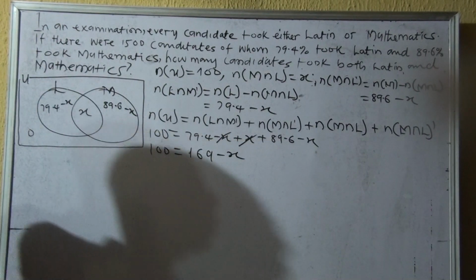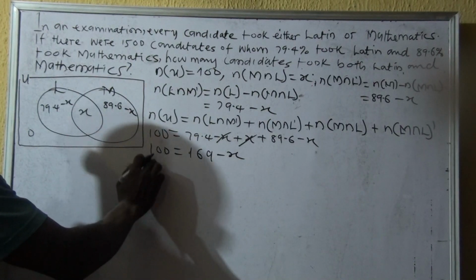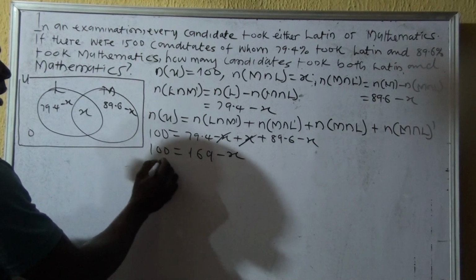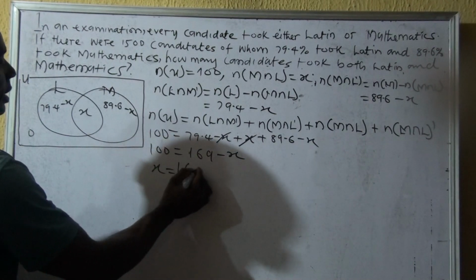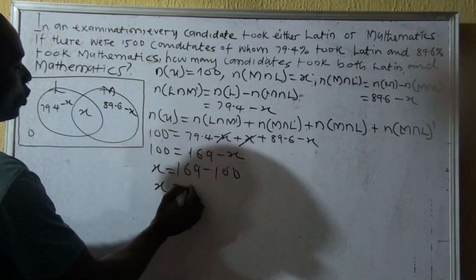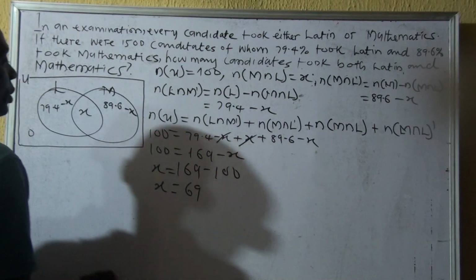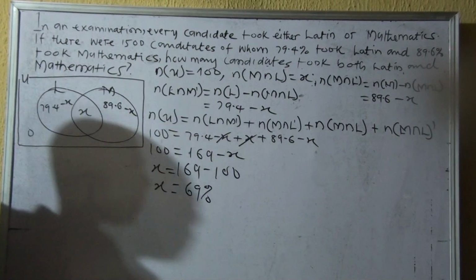Now, to obtain the value of x, we move x to the left hand side, and move 100 to the right hand side. This is negative, it becomes positive; this positive becomes negative: 169 minus 100. So x is equal to 69, and because it's based on percentage, it's going to be 69%.